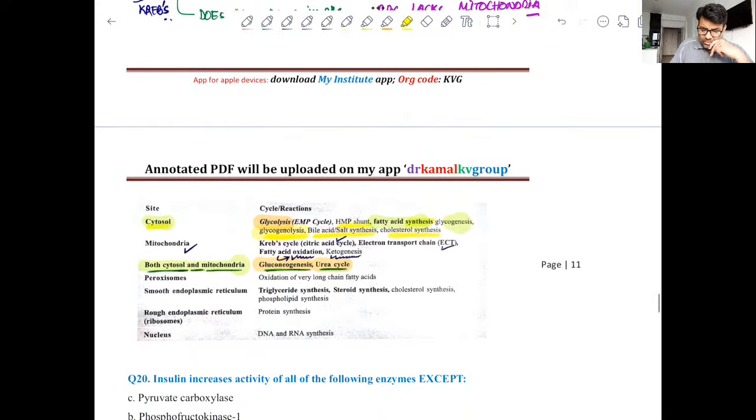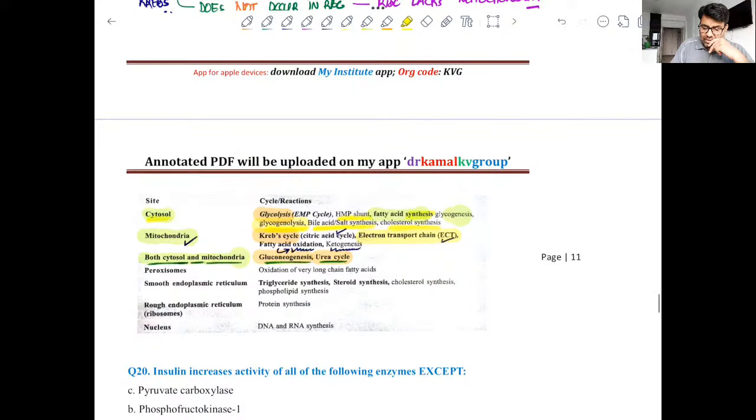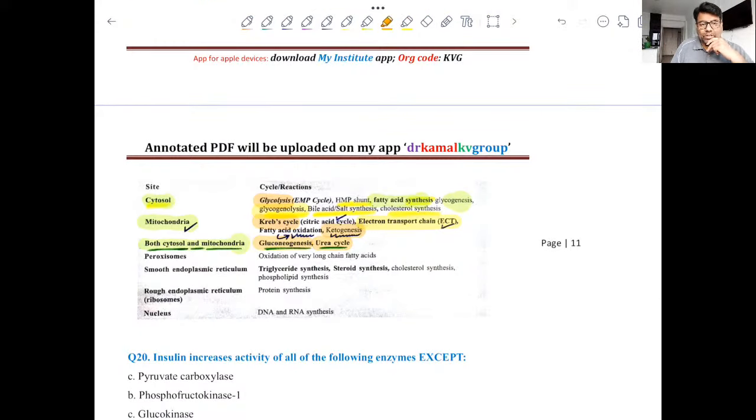Clear? And for mitochondria, you can remember Krebs cycle, that is TCA cycle or citric acid cycle, then electron transport chain which occurs on the inner mitochondrial membrane, and ketogenesis, that is formation of ketone bodies. Clear? So you can just remember a few important pathways and their site of occurrence.